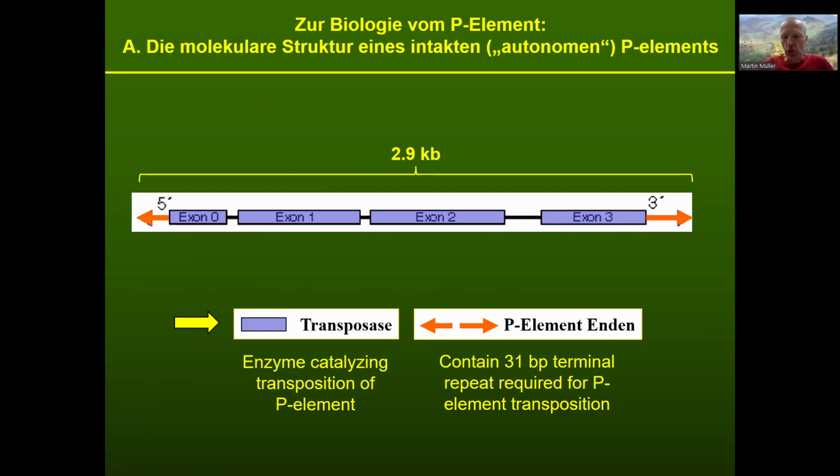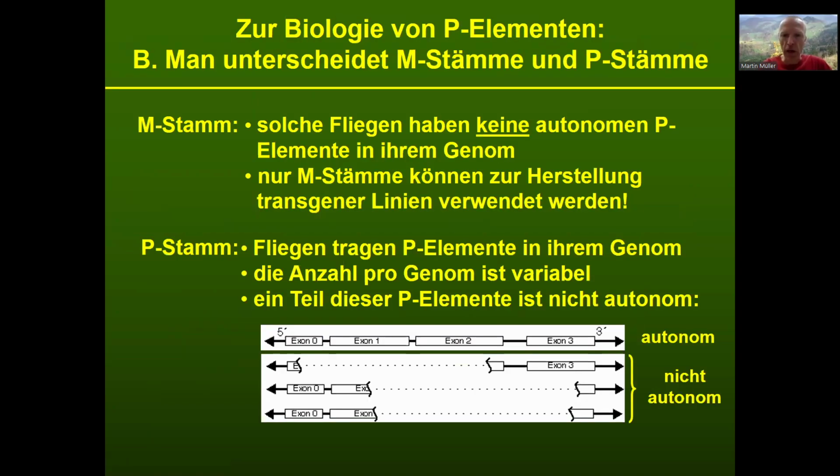When people were sequencing other P elements they had isolated in the genome, they found that there were also what they called non-autonomous P elements. Here, this is the complete P element. It's autonomous. It doesn't need another P element to move around, but there are also non-autonomous P elements.